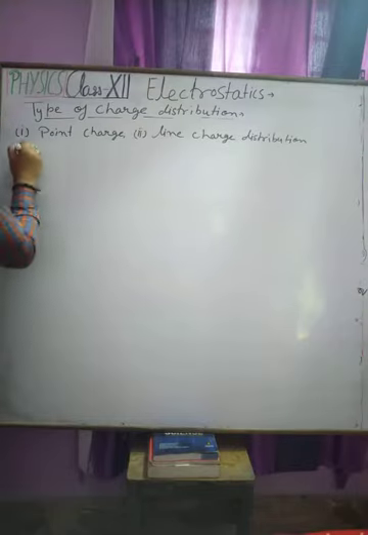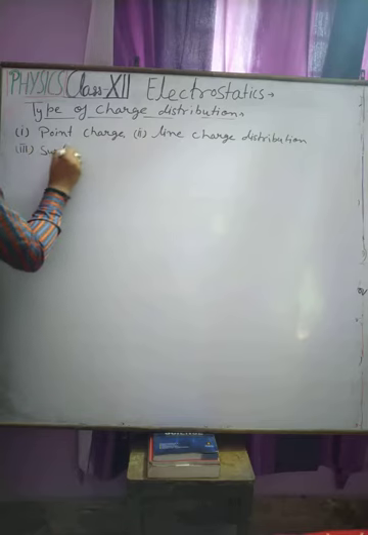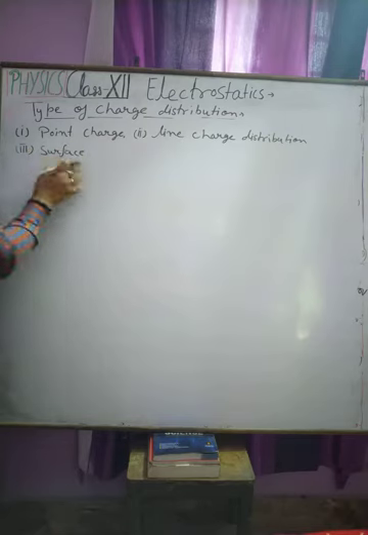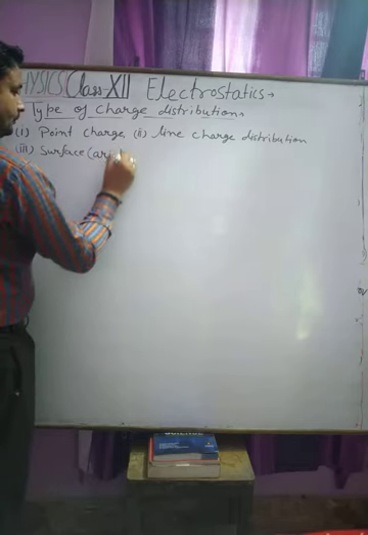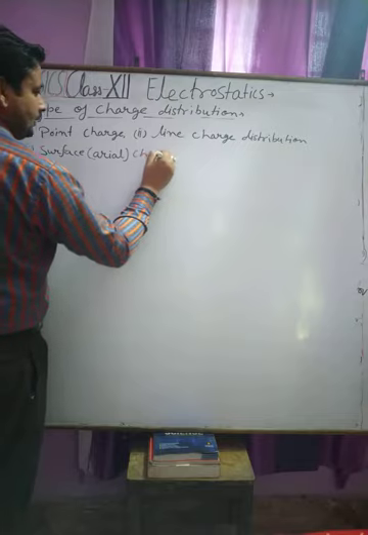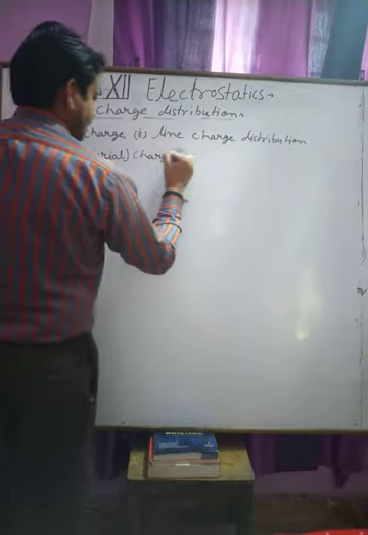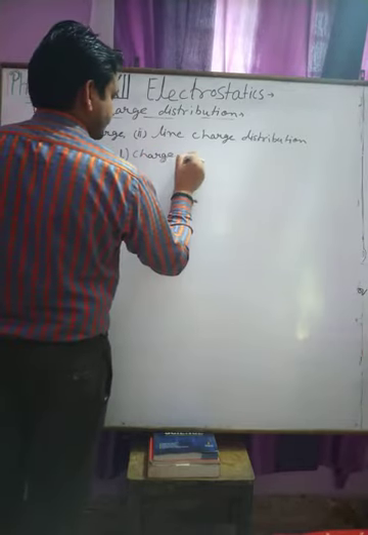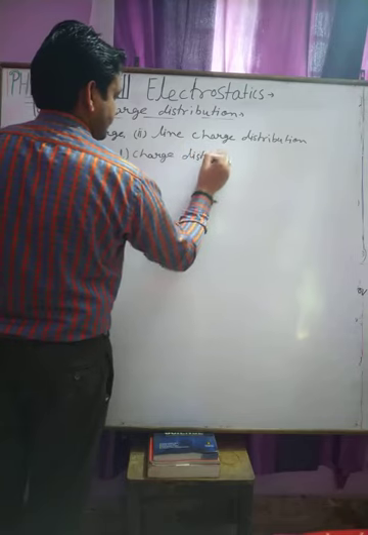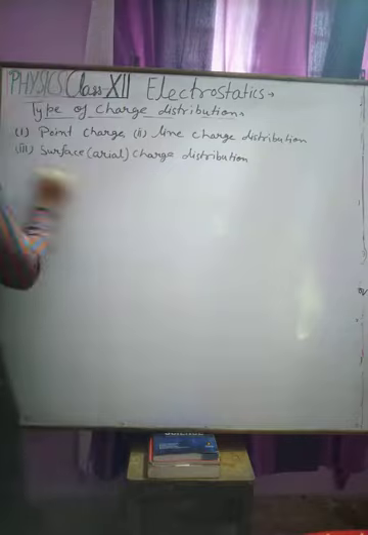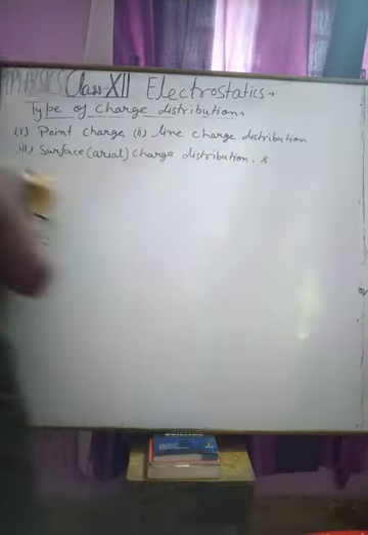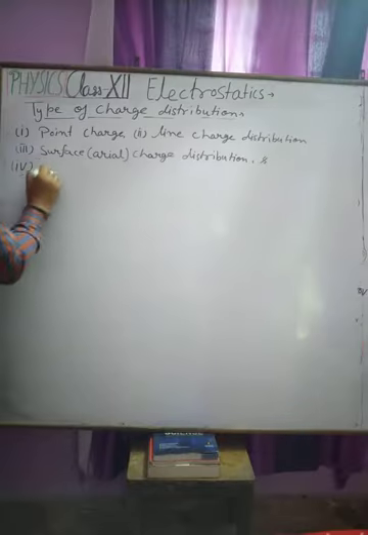Next is surface, and for this surface we use the word areal charge distribution, and fourth is volume charge distribution.